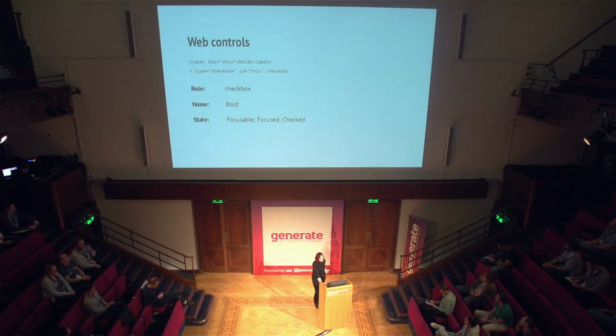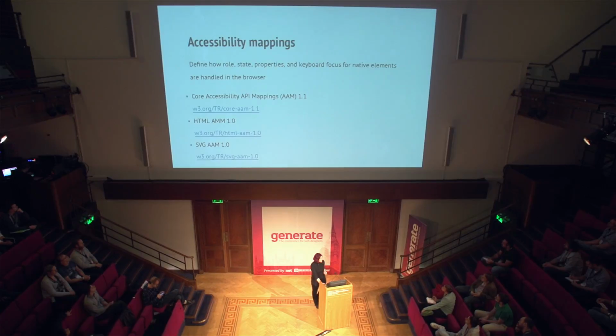They can also use those APIs to query the same information for rendered web content in the browser. And in fact, if we use some standard HTML to recreate that same checkbox, using a label element associated with an input with a type of checkbox using for and ID attributes, we'll discover that the accessibility information is exactly the same. The role is checkbox, the label is "bold," and the state information is exactly the same.